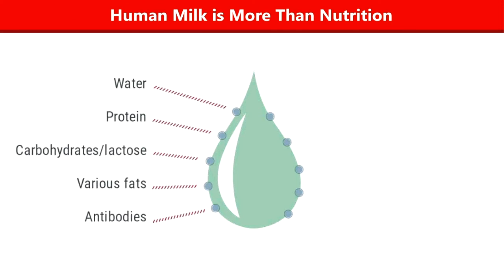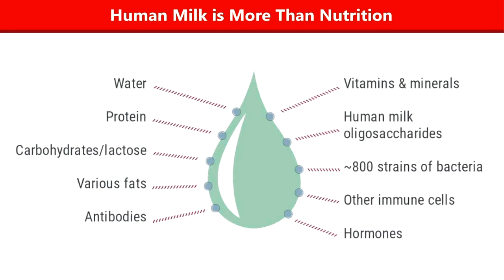And Theodore Escherich was really about a century ahead of his time, because it's only in the last few decades that we've had the technology to be able to really start to understand the complexity of human milk and move away from this understanding of human milk in terms of its macronutrient components, the water, the protein, the carbohydrates, and the fats that provide the energy source for newborns, towards a much greater understanding of the whole composition of human milk.